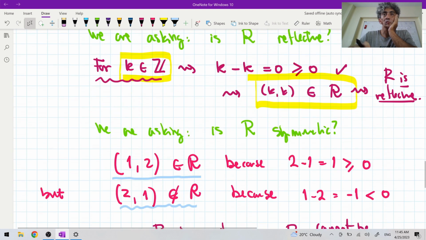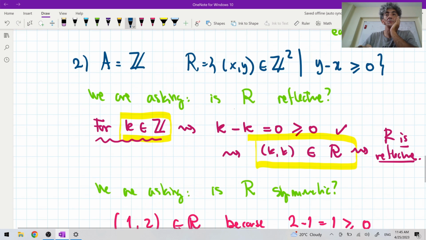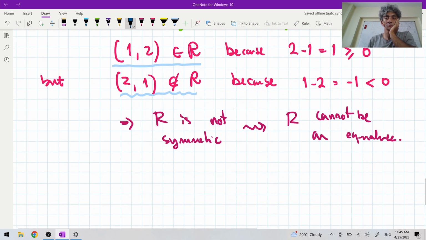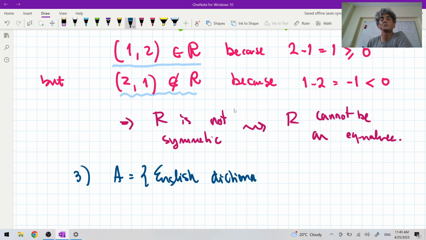Let's try a different one. Let's try a more exotic one, maybe. 3. Let's choose A, the English dictionary. So this means that our set A consists of all the words in the English language, okay?